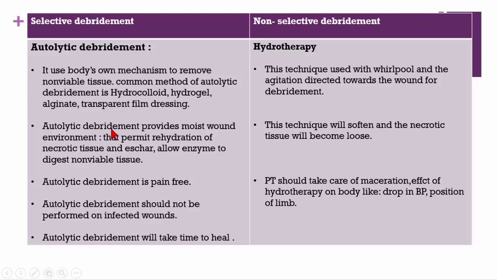Autolytic debridement provides a moist wound environment that heals the wound, permits rehydration of necrotic tissue or eschar, and allows enzymes to digest non-viable tissues. Autolytic debridement is pain-free and it should not be performed on infected wounds. It will take time to heal, meaning it is very slow.